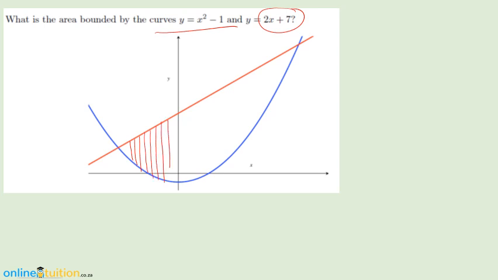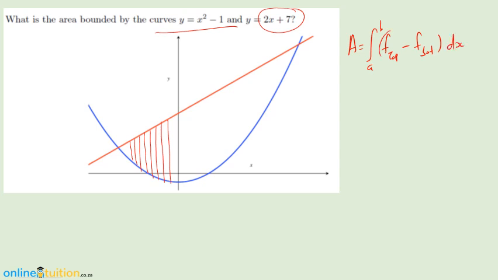So if you're going vertical strips, then the area is from whatever a to b. I like to write it as the integral of f top minus f bottom dx.